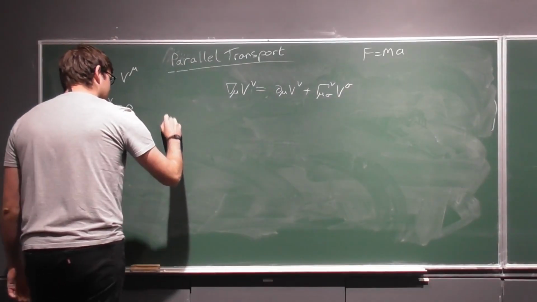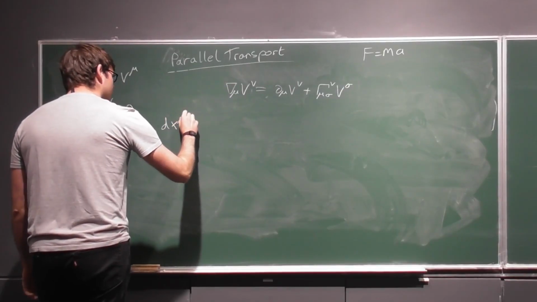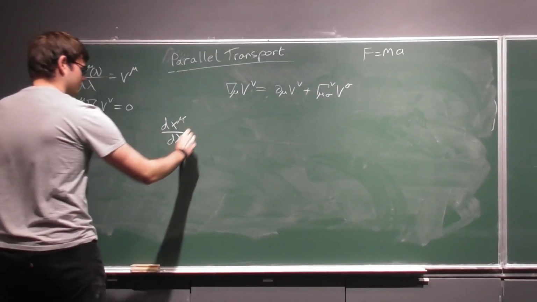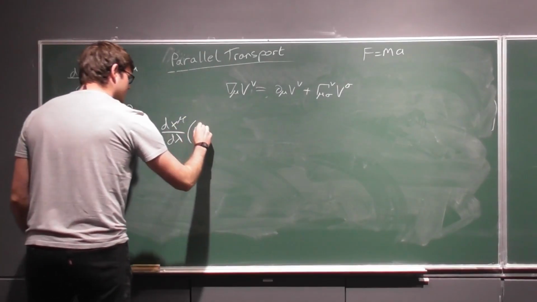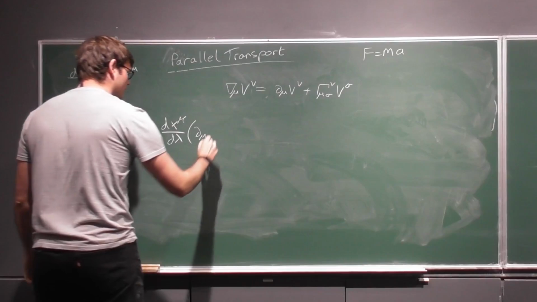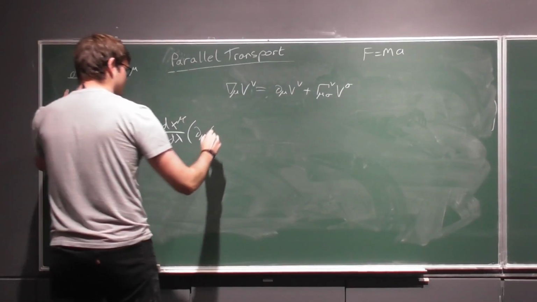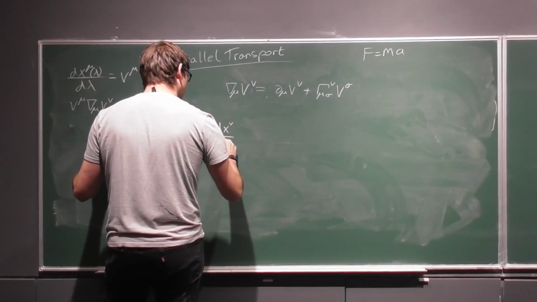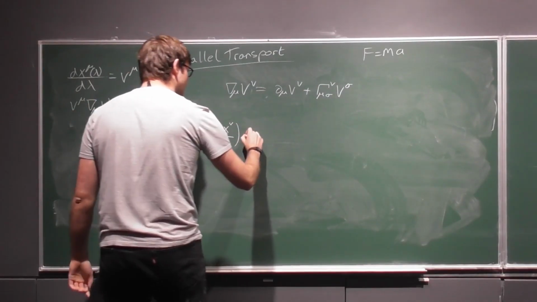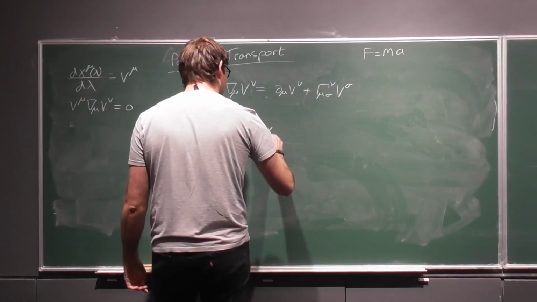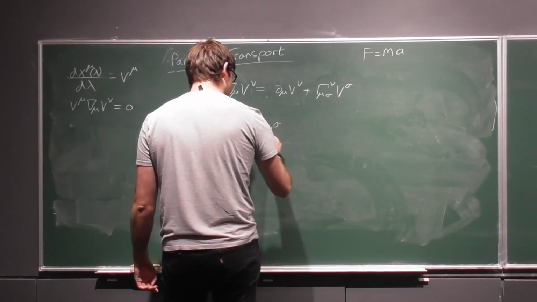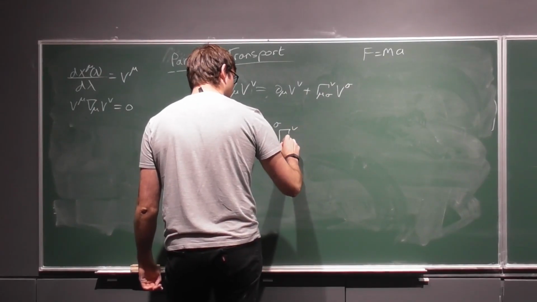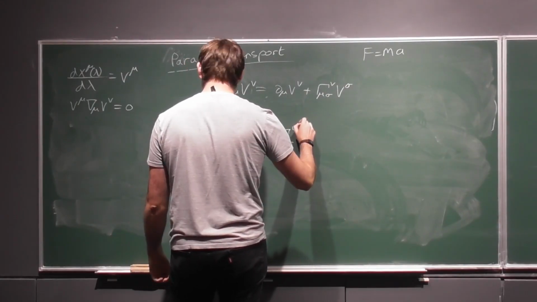Okay, so that means dx^mu/d lambda, and then we'll expand it out using this expression. So partial_mu, and then we're going to plug in this expression here, so that gets us a^nu, d lambda, plus dx^sigma/d lambda times Gamma^nu_mu sigma.